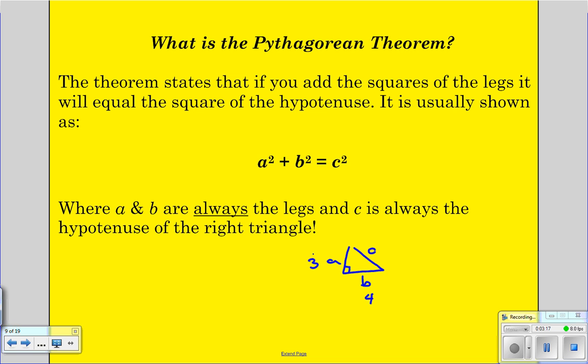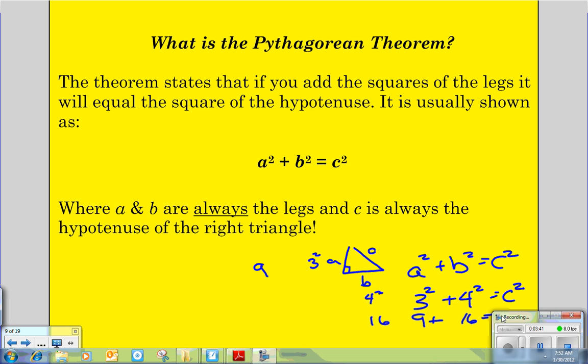So 3 squared is 9. 4 squared is 16. A squared plus B squared equals C squared. Right? If A is 3 squared and B is 4 squared, what is C squared going to be? This is 9 plus 16 equals C squared.